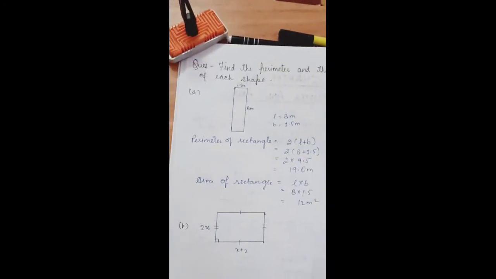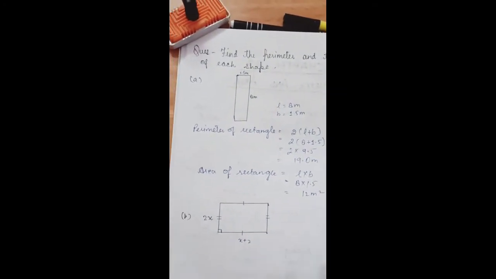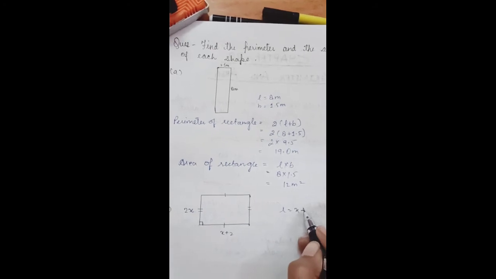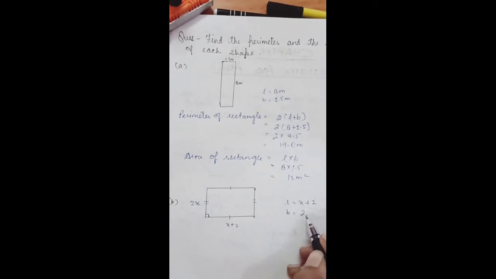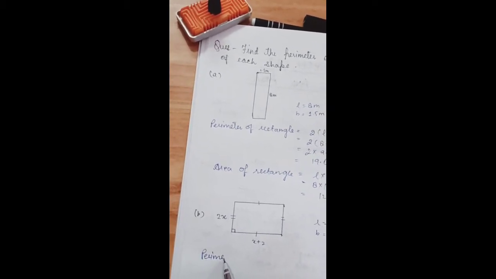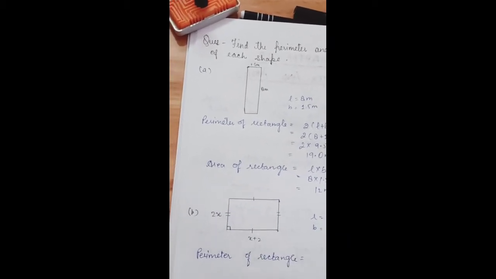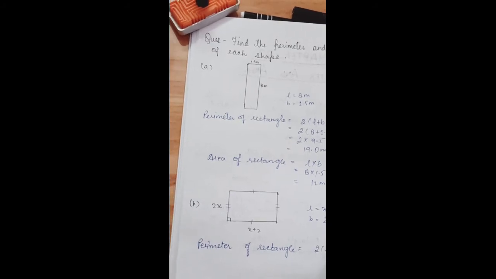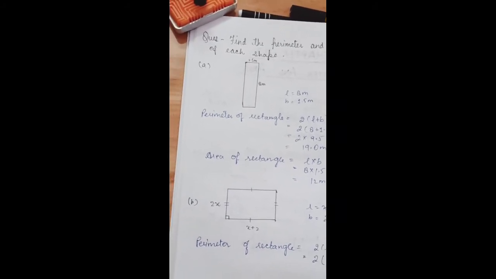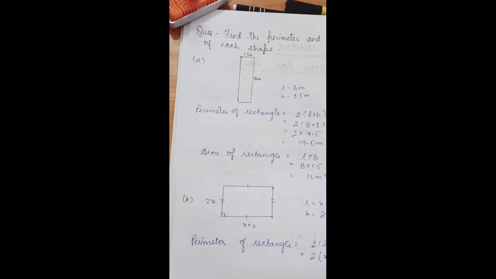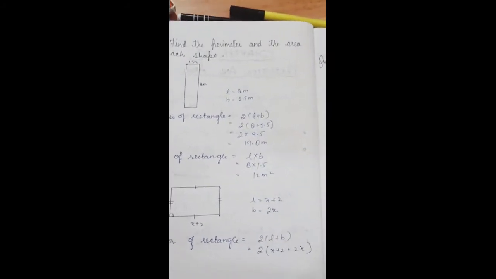Now see this figure. Here length is x plus 2 and breadth is 2x. So first we find perimeter. Perimeter of a rectangle is equal to 2 times (l plus b). Length is x plus 2 and breadth is 2x.